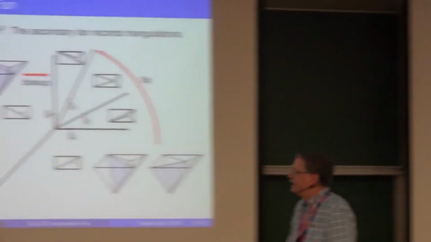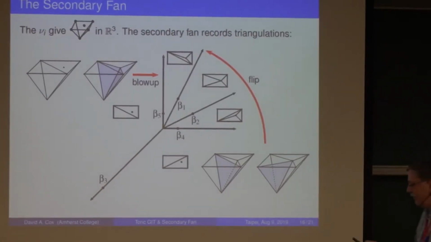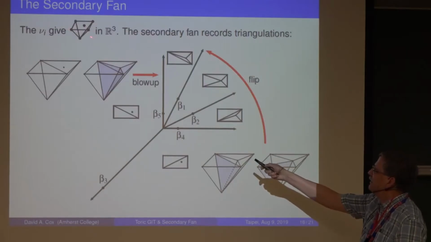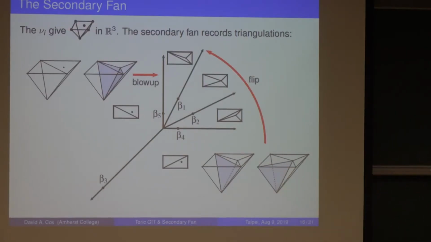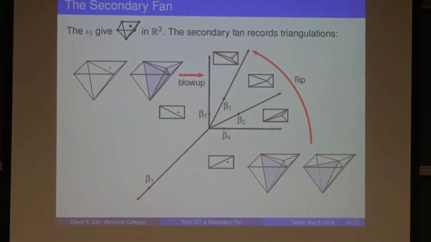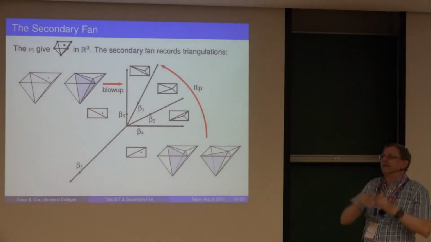The way we triangulate, in this case, is called a regular triangulation. Basically you have these 5 points, and you imagine raising each of the 5 points up a certain distance. So you have 5 points now in 3-dimensional space, and you take what's called the lower convex hull. You just look up and see what you get.